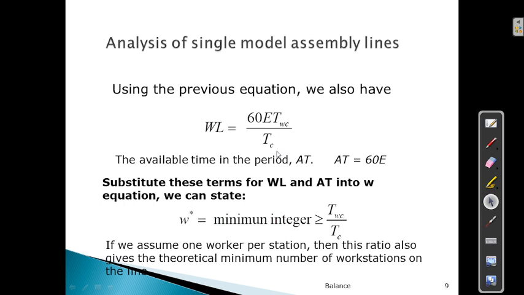In assembly line balancing, surely you'll get one big question. In assembly lines, there are three types of algorithms. The first one is the line balancing algorithm, the second one is the RPW method, and the third one is the weight bridge method.